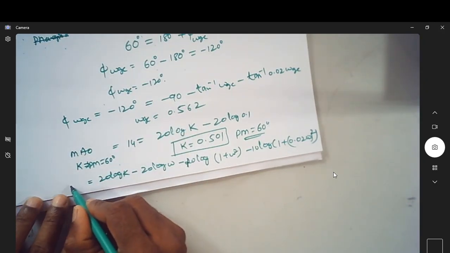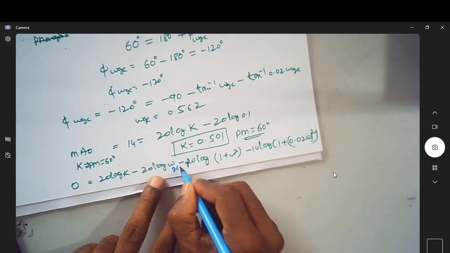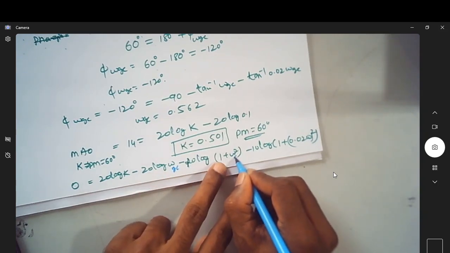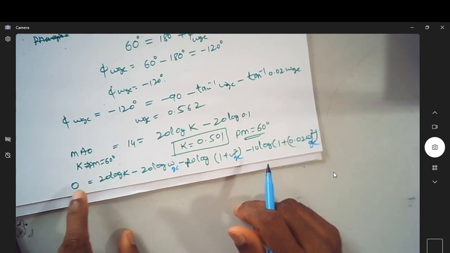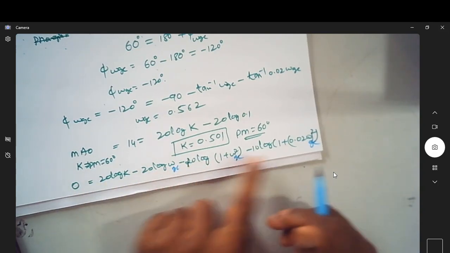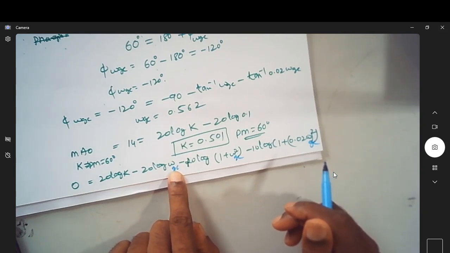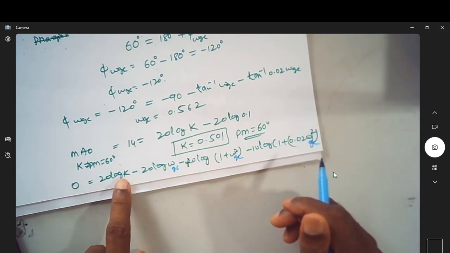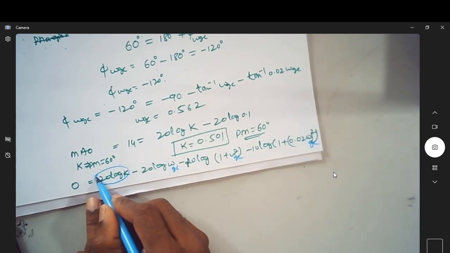Now if I equate this to 0 dB, does this become omega GC? The moment you make this equal to 0, this will become omega GC. Since I already know omega GC, how to find 20 log K now? Shall I just make this 20 log K come to this side?